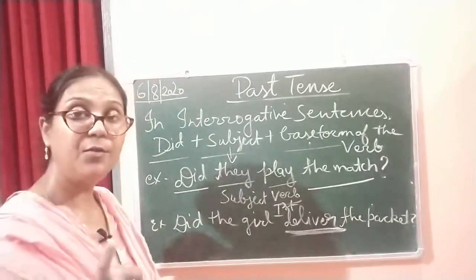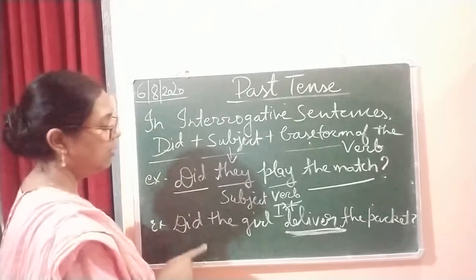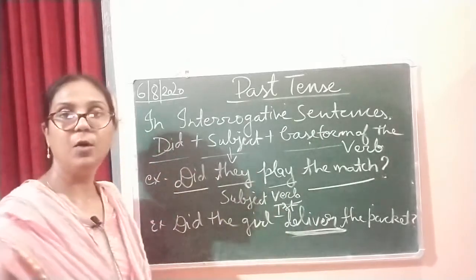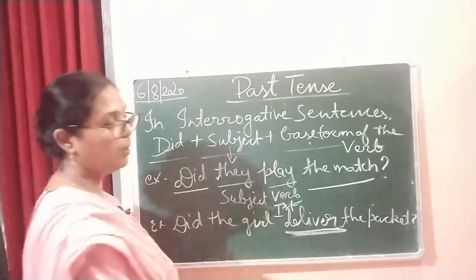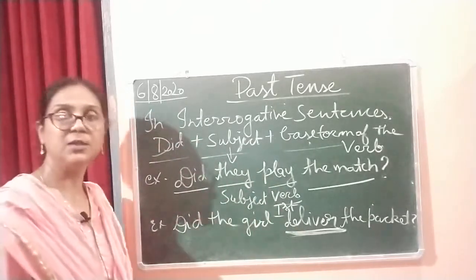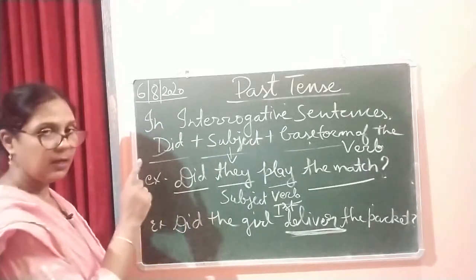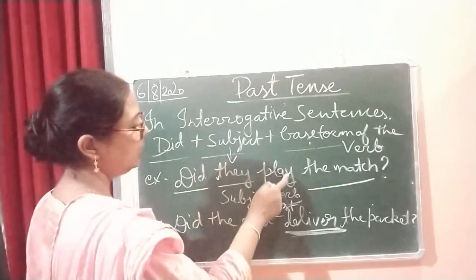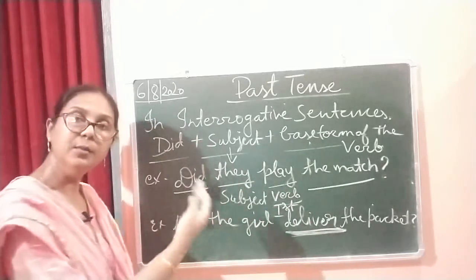So this we have to always keep in mind that with did we are not going to use the second form of the verb. We always use the first form, or you can say base form of the verb. In interrogative sentences, past tense, did, then subject, then base form of the verb, and then other words will come later.